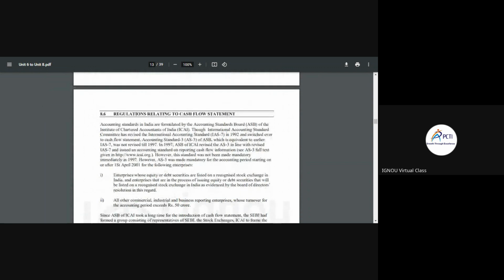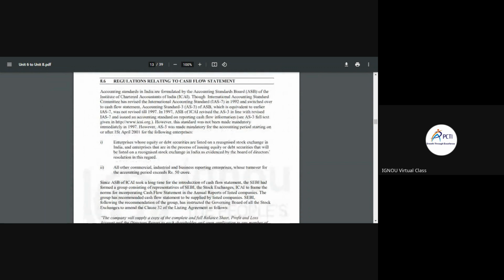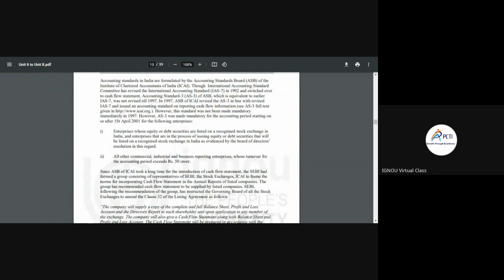Now, the regulations relating to cash flow statements. First of all, we have Accounting Standard 3 for it and Indian Accounting Standard 7 for it, basically. A particular enterprise we need to follow is one whose equity and debt securities are listed on a recognized stock exchange in India, and enterprises that are in the process of issuing equity or debt securities that will be listed on a recognized stock exchange in India, as evidenced by the board of directors' resolution in this regard.